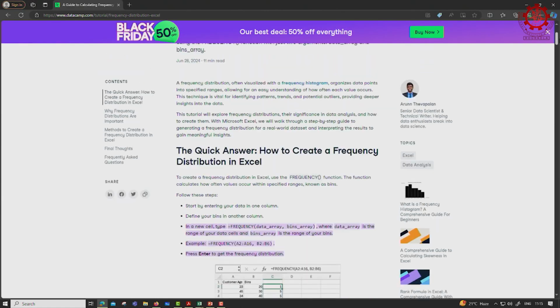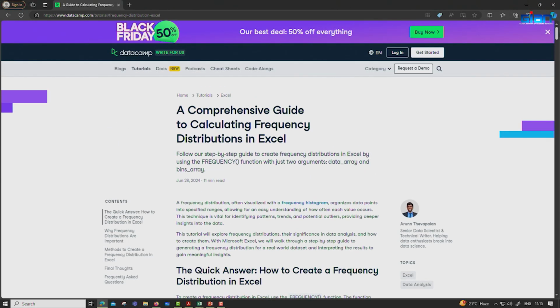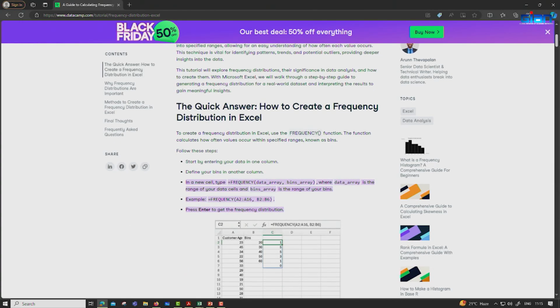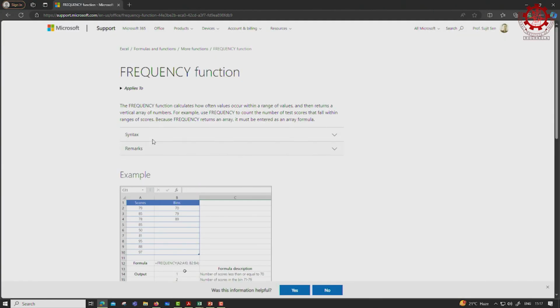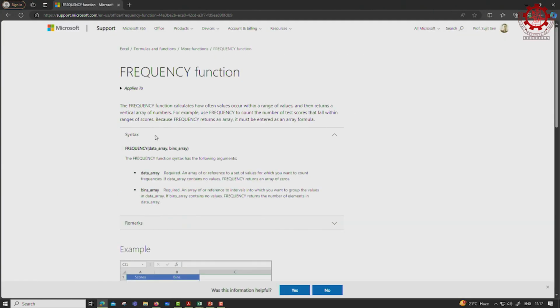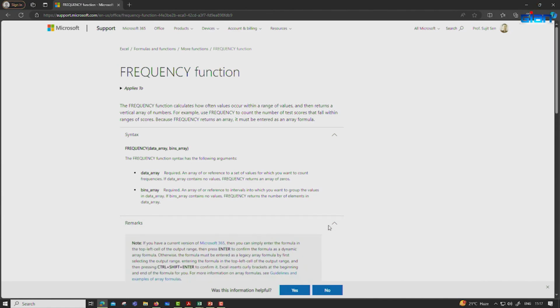I also have forgotten there is a sequence to press some buttons. Yeah, control shift enter, I must remember, control shift enter, we have to press.